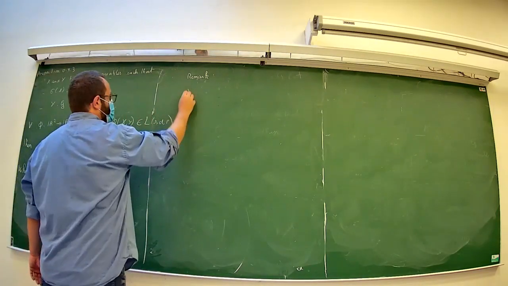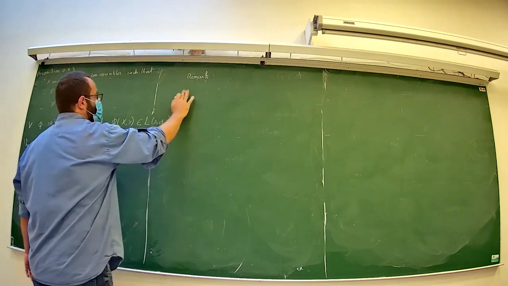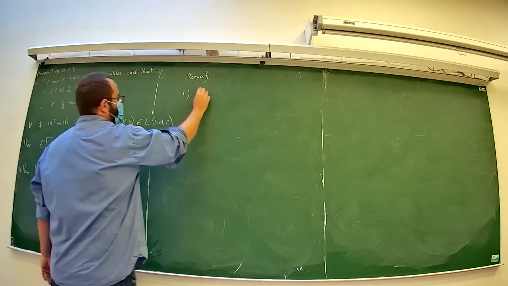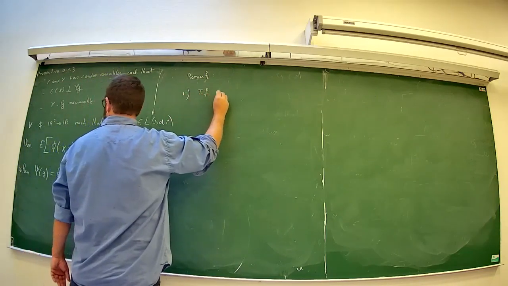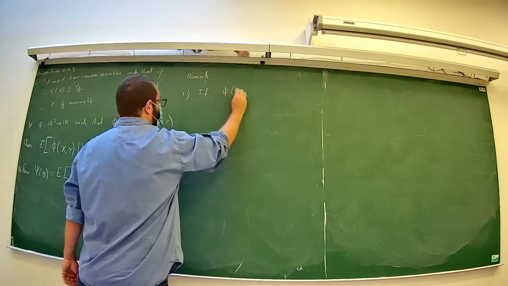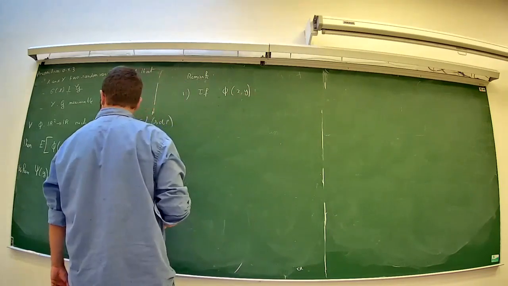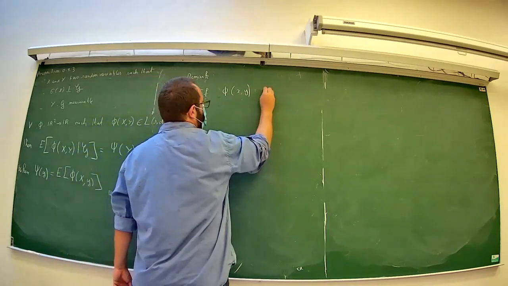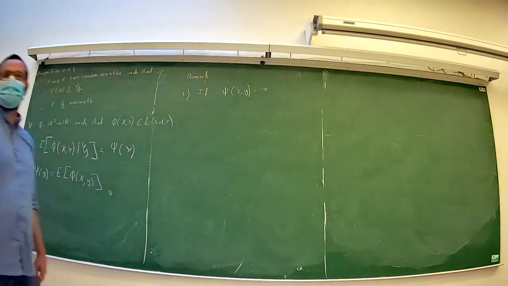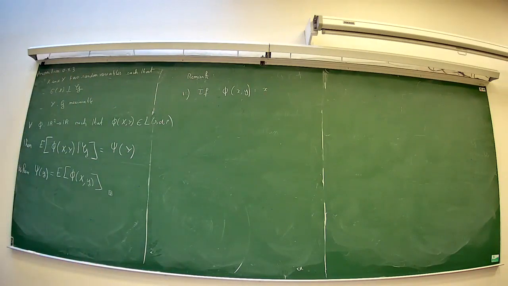What happens if I take for phi of x, y simply x?